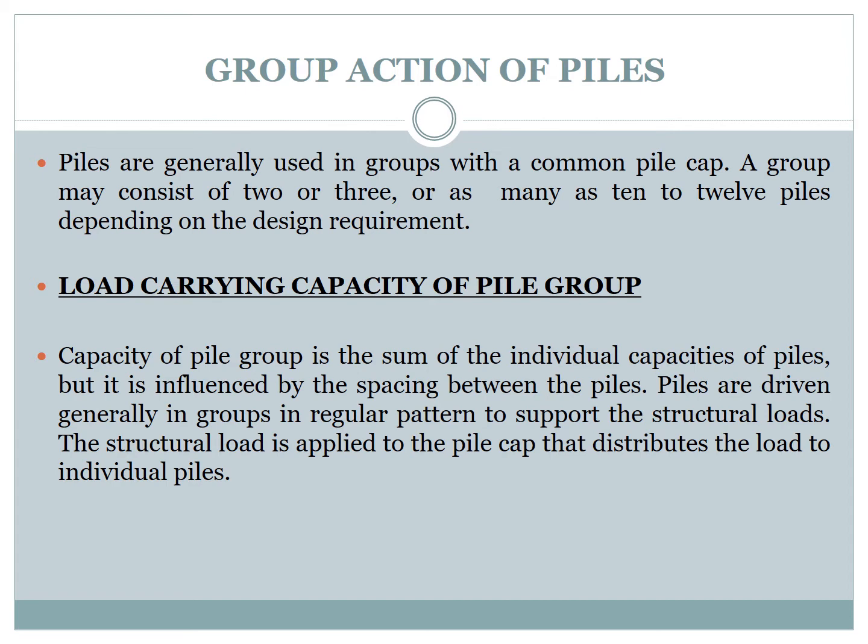The capacity of a pile group is the sum of the individual capacities of the piles, but it is influenced by the spacing between the piles. Piles are driven generally in groups in a regular pattern to support the structural load, and the structural load is applied to the pile cap that distributes the load to the individual piles.